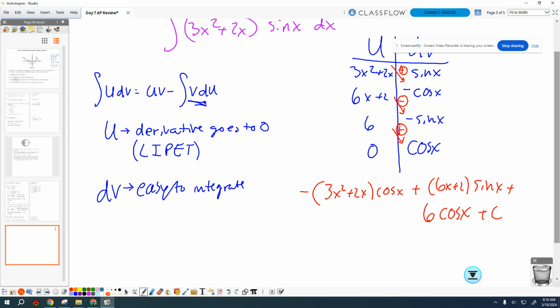And if you weren't doing it by tabular, I mean, you can do all of them by tabular, except the chase-your-own-tail kind.